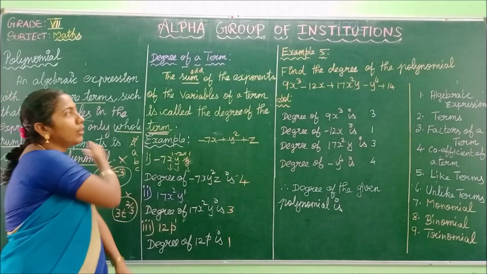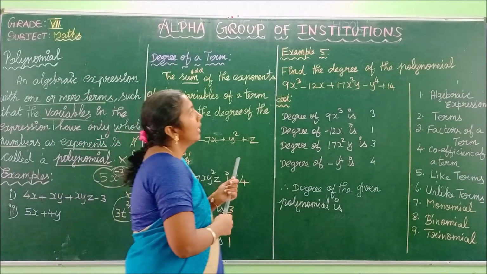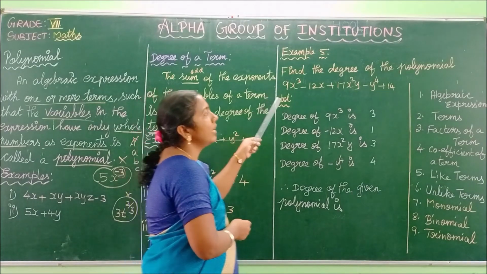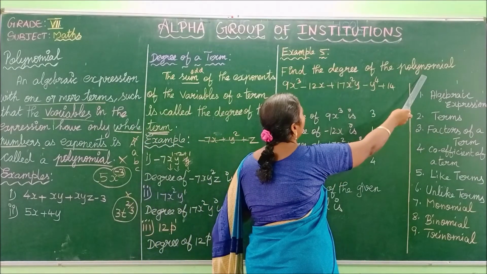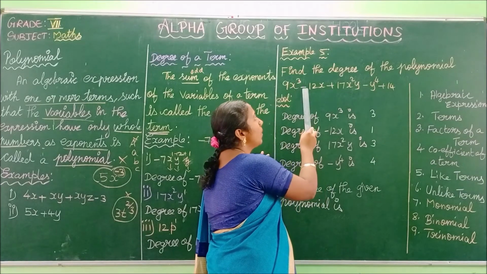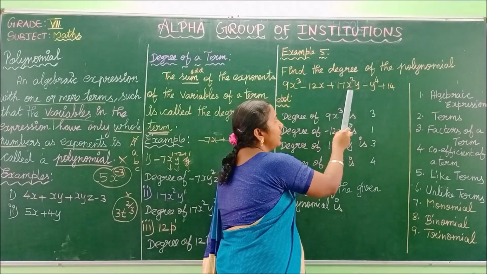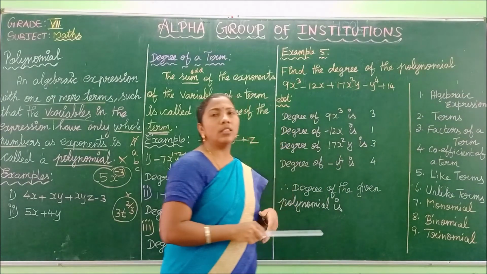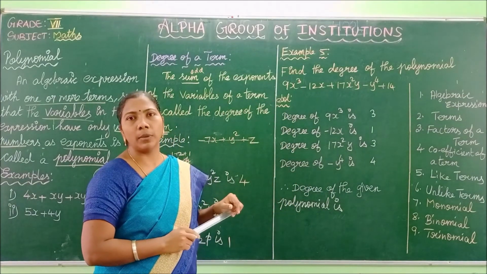Okay. Next we are going to do one problem. Example 5. See here, listen carefully. This is a very important sum. Find the degree of the polynomial 9x cube minus 12x plus 17x square y minus y power 4 plus 14. Why do we call this algebraic expression a polynomial?